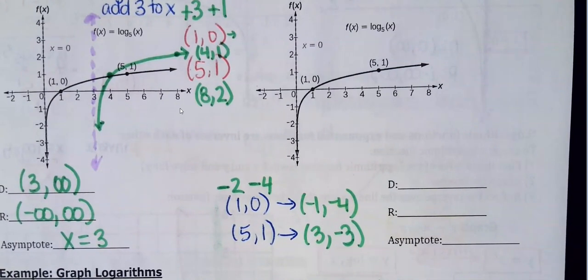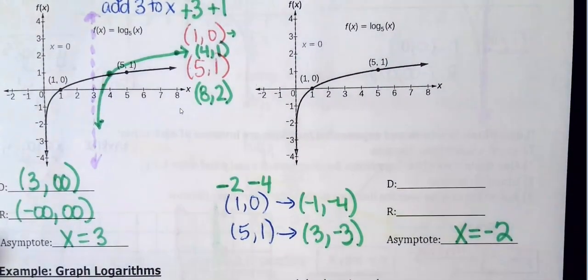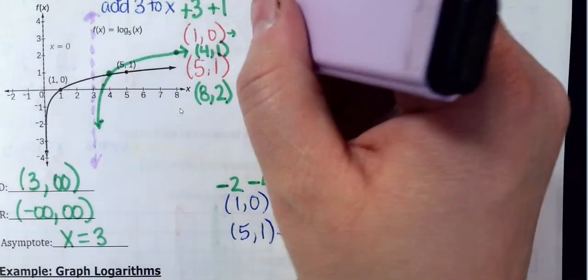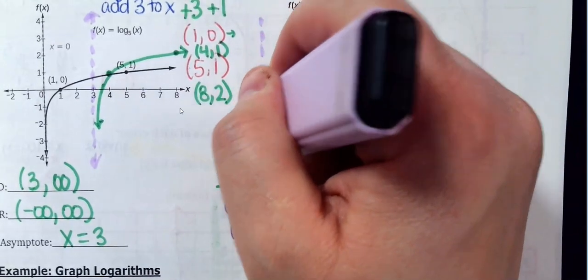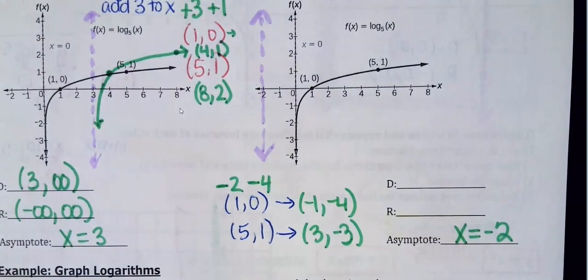Now, what should my asymptote be for my shifted graph? X equals what? Negative 2, there you go. Okay, so we're going to have a nice vertical line at x equals -2. So if I just come over to the graph, I'm just going to do that real quick here. Here's -2. And then I'm just going to plot the 2 points I just shifted, all right?